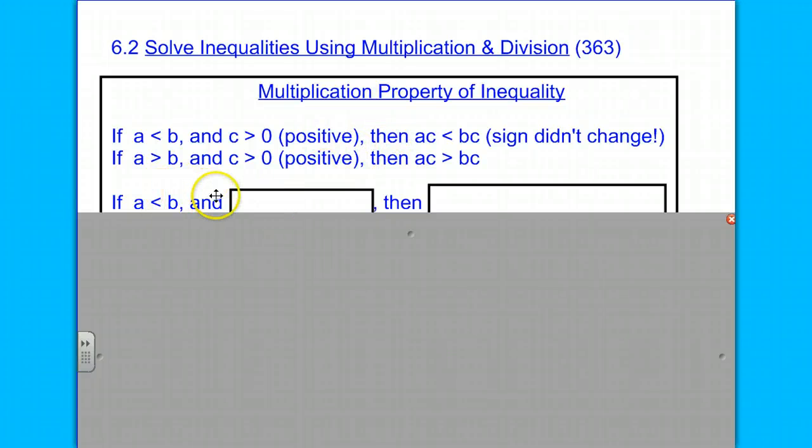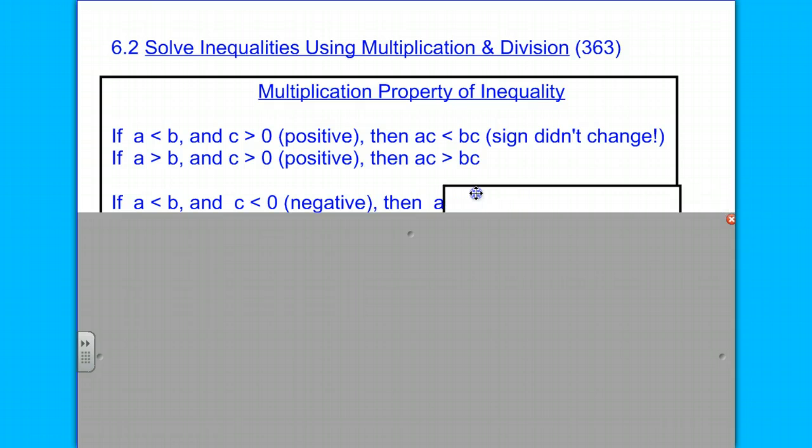If A is less than B and we have a factor that is negative rather than positive, and we multiply both sides of the inequality by this factor, what does that do to the inequality? Do you remember, when we multiply both sides of an inequality by a negative, it changes the sign.